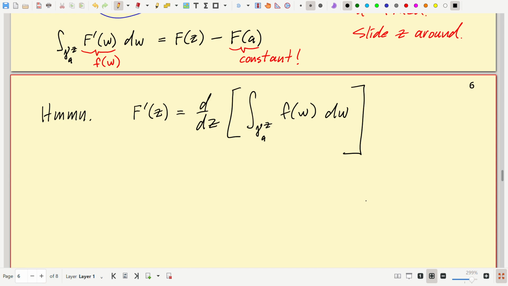And F prime of z was equal to f of z. And so the antiderivative is this thing. This is what we want.